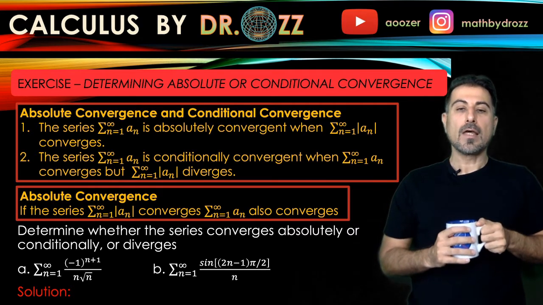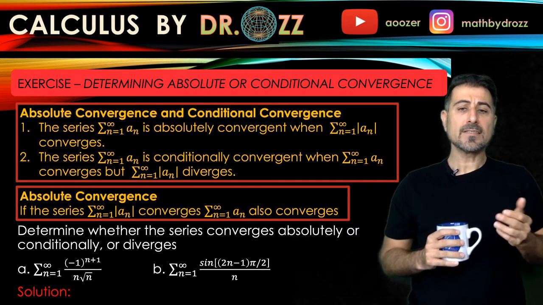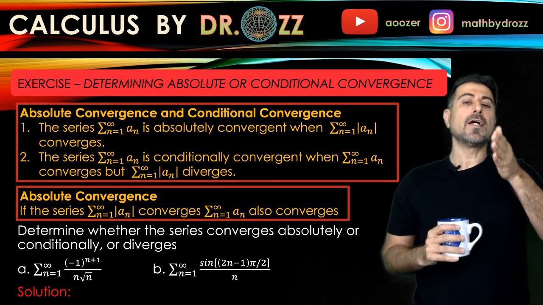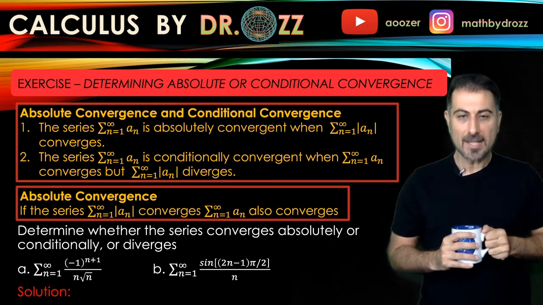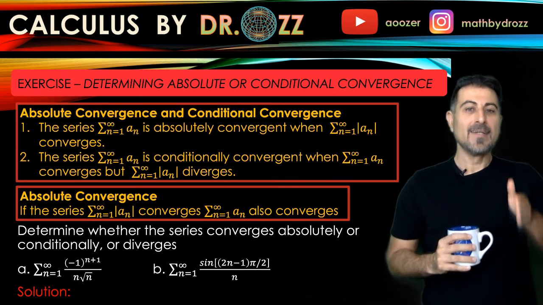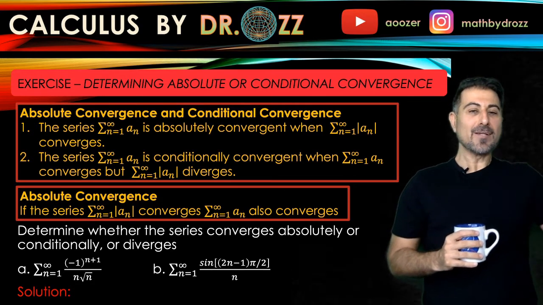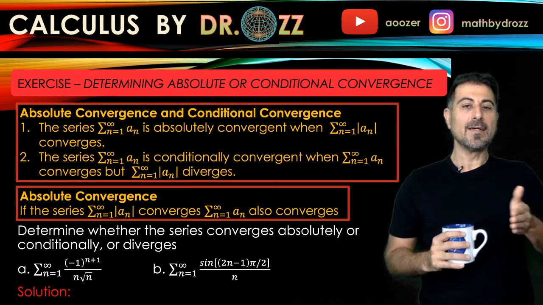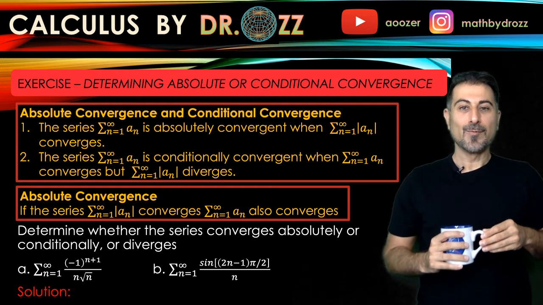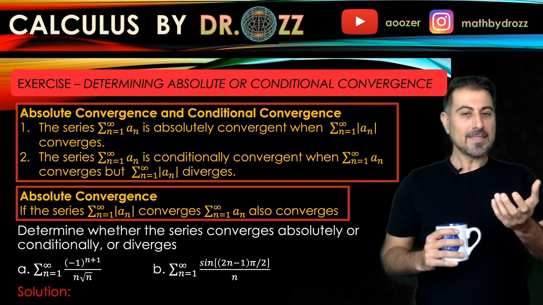And we have a test about absolute convergence. If the series of the absolute value of an is convergent, then it's forced that the infinite series an also converges. That makes the infinite series an absolutely convergent. This is a very nice test to apply.